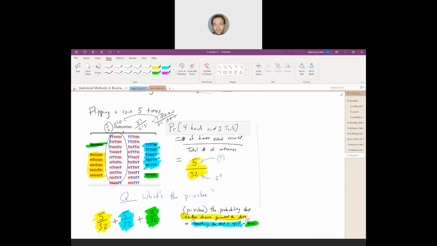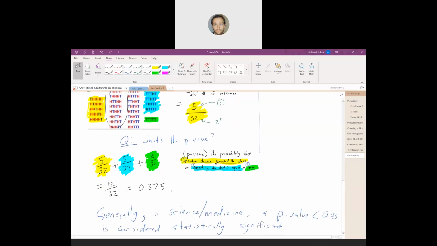You probably don't have a special coin if you flip it 5 times and see 4 heads and 1 tail, because a fair coin will do that pretty often. So if somebody tells me they did these 5 flips and got this result, I can just assume that they have a fair coin, because this number is not small enough.